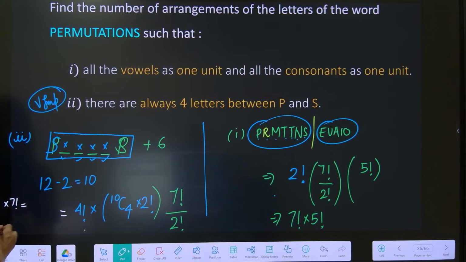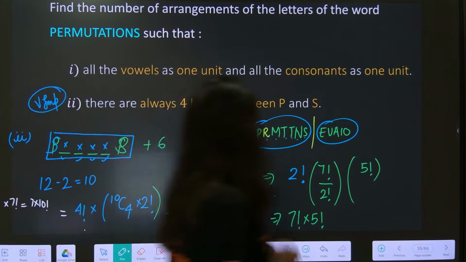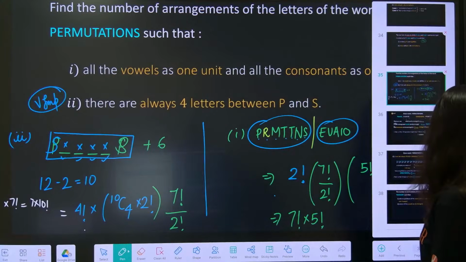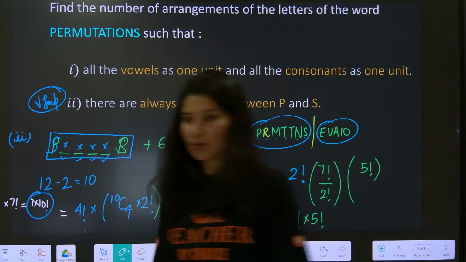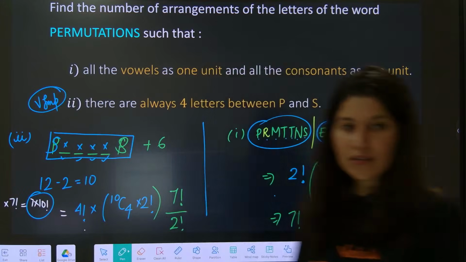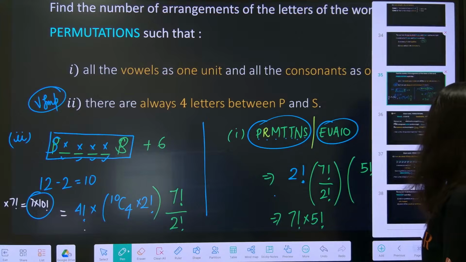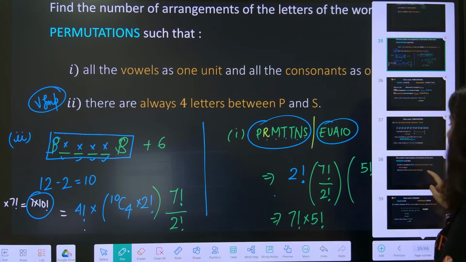So this is going to be 7 into 10 factorial. Final answer will be 7 into 10 factorial. This is absolutely correct.